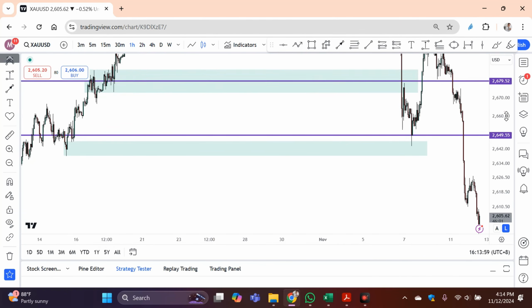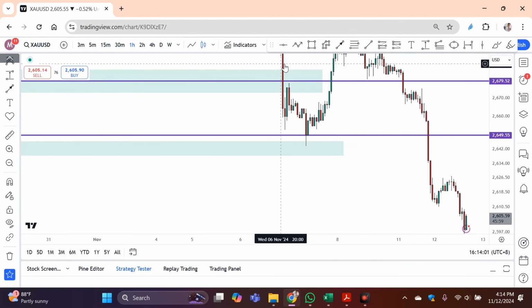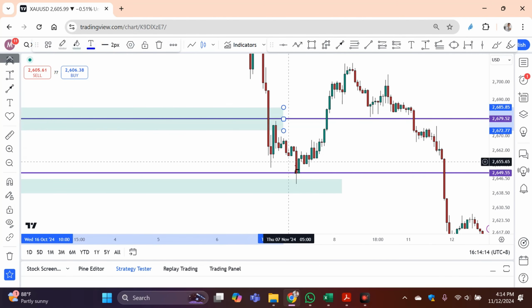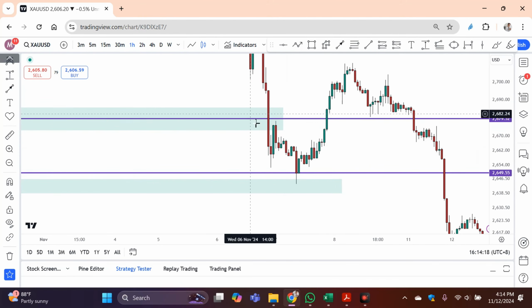Now, what you can notice here is that when this candlestick came down and closed below this zone, the price actually came back up to react to the zone and then gave you a continuous trade. So it means that even though you have a losing trade the first time, you actually have a second opportunity.